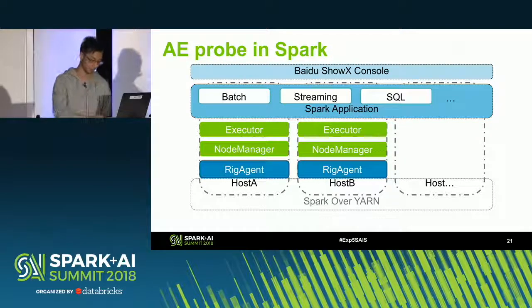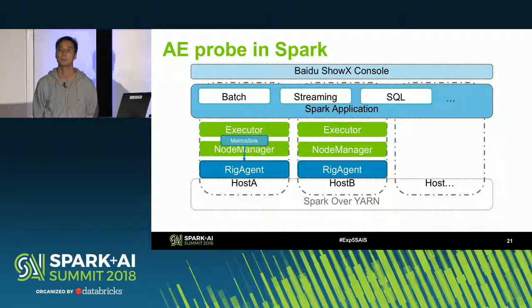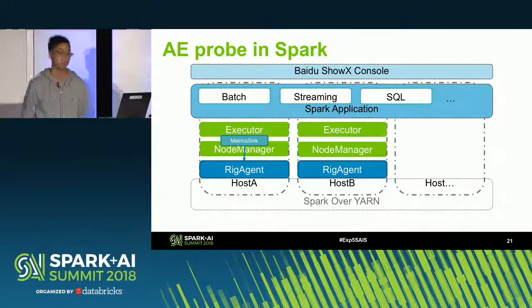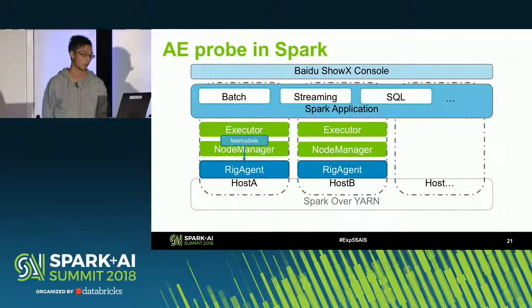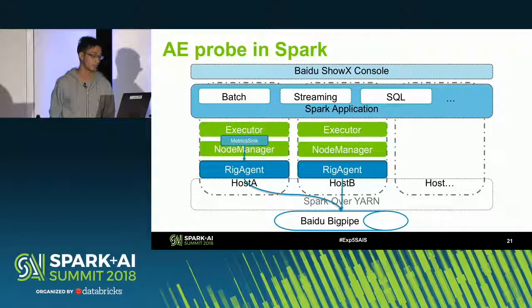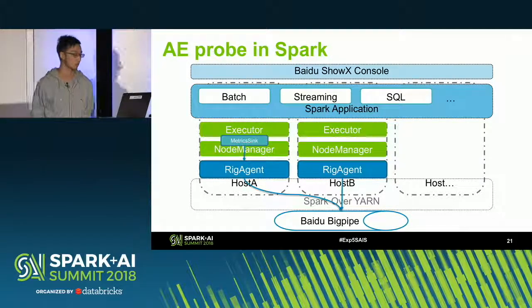Also, thanks to the Spark feature named metric sink, here we have a customized metric sink, and we deploy it in our node manager and over all the hosts in our Spark OEM internal clusters. During the application running, we collect the metrics through the metric sink to the rig agent, and finally to a pub-sub system called Baidu Big Pipe. You can also replace this with open source Kafka.